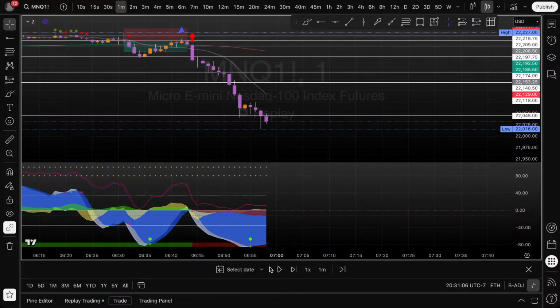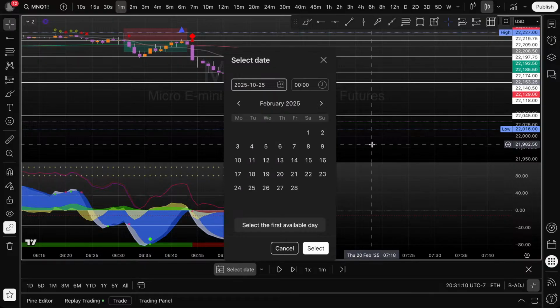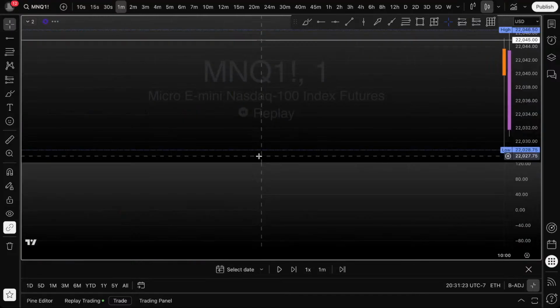Let's go ahead and get this thing to the Asian session. So that's going to be February, Thursday the 20th, 1600. Let's see where the price goes.